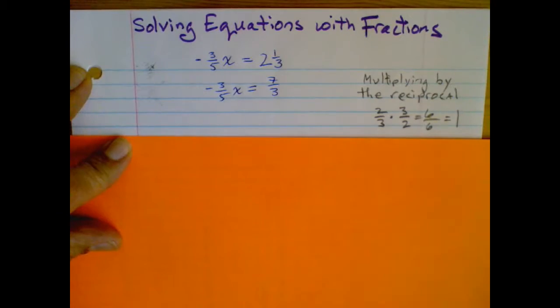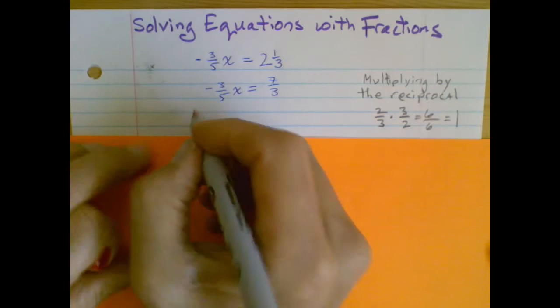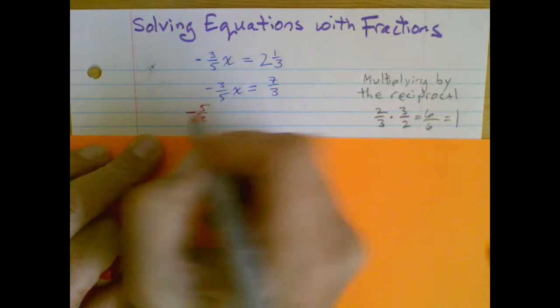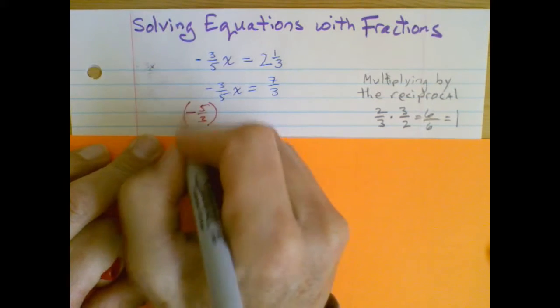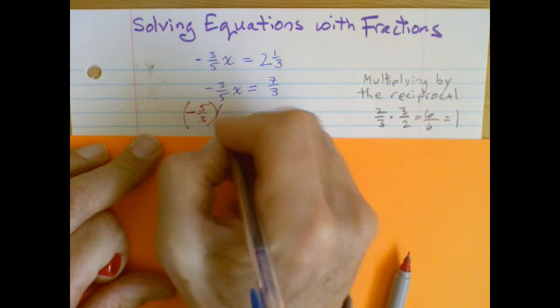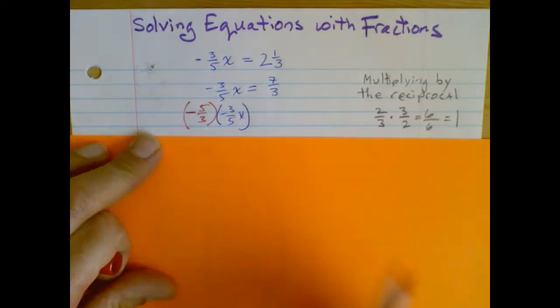And the answer is, let me write this in red, negative 5/3. I'm going to multiply it by a negative because a negative times a negative is a positive, right?